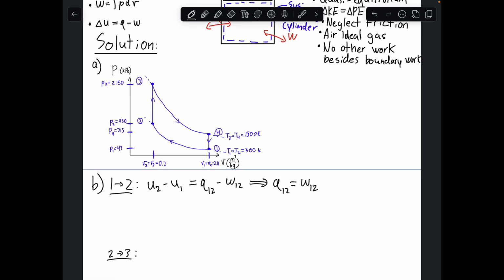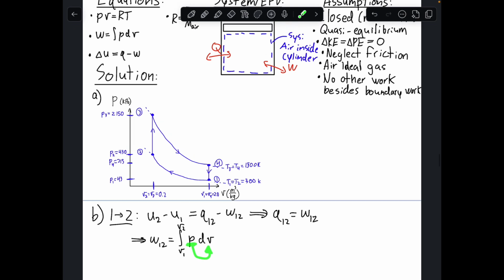That's our PdV equation. So we can come down here and say that our work from 1 to 2 is going to be equal to the integral from V1 to V2 of P with respect to specific volume. So if we want to actually evaluate this integral, we need some form of pressure in terms of specific volume.